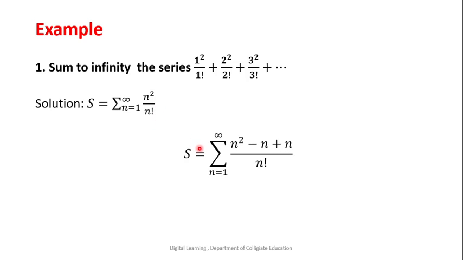The numerator can be rearranged as n square minus n plus n for the problem solving. Then take the common factor in n square minus n, we get n into n minus 1 plus n divided by n factorial.